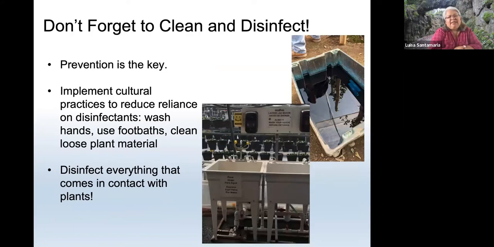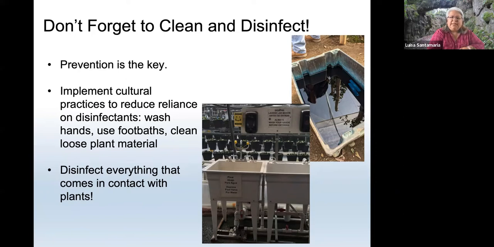And as I always say, cleaning and disinfecting is the best way to prevent disease. Anything you can do to implement cultural practices and use disinfectants, yes, but we cannot rely all the time on chemicals. If we do the process correctly, I'm sure we will reduce any inoculum populations to the lowest level so they don't cause too much damage.